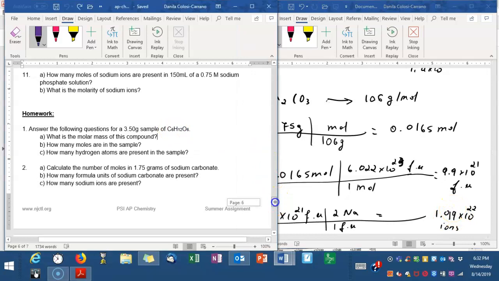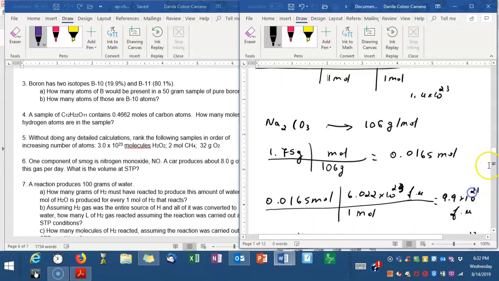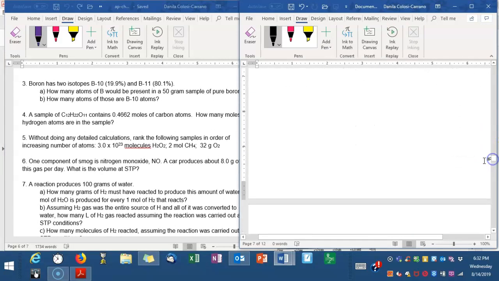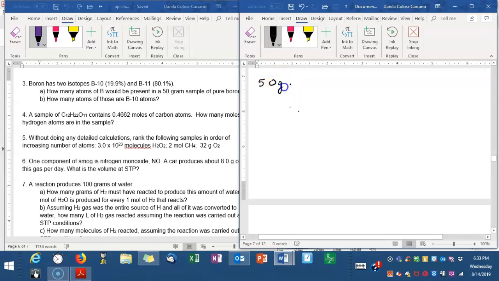Then 3. So boron has 2 isotopes. How many atoms of boron would be present in 50 grams of pure boron? And how many in the B10? So B11 is the one that they are inquiring first. Okay, so 50 grams of boron 11.